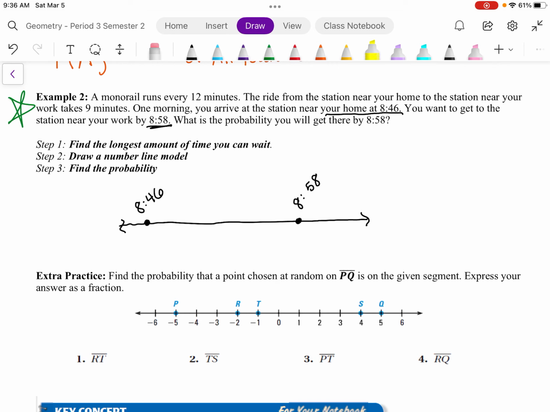And we know it takes a total of 9 minutes for the train to get from the station by your house to the station at your job. So we want to figure out the longest amount of time we can wait before we have to be on a train to get to work. So we're going to figure out what is 9 minutes before the time we want to be there.